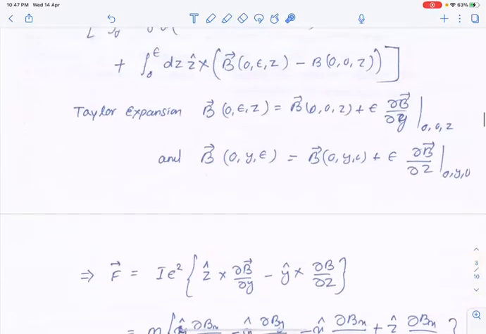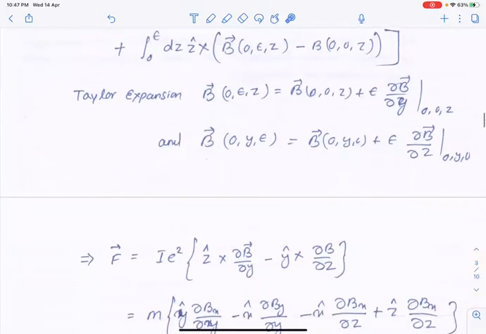After doing the integration, you'll have I epsilon square z cross del B by del Y. You can verify this, so please verify this.